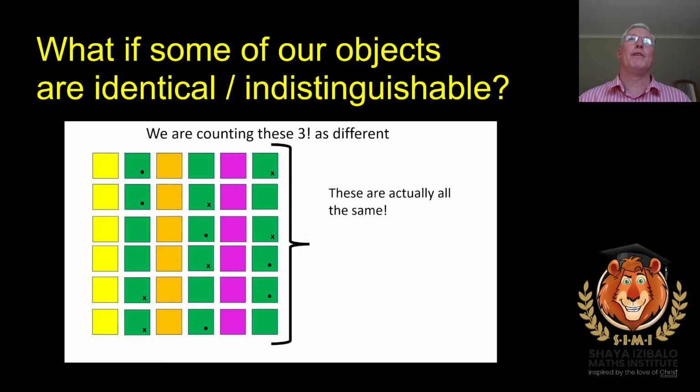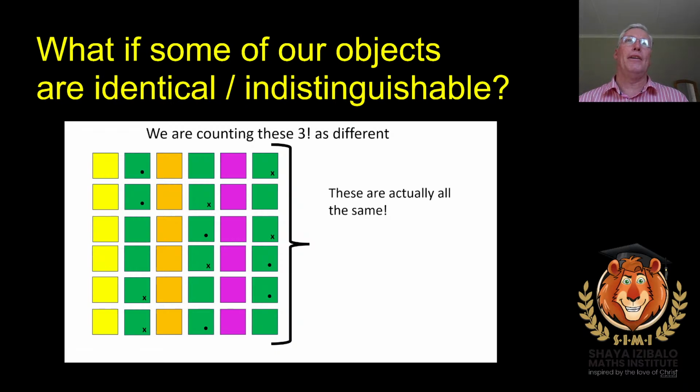If we were counting them differently, you'll notice there's one with a dot, a blank one, and one with a cross. And you'll see that I've got all 6 different ways. Those are actually the same because those green blocks are actually the same. It's almost like they've got a tiny little mark on, which you could see really close, or with a magnifying glass. When you take the magnifying glass away, they look identical.